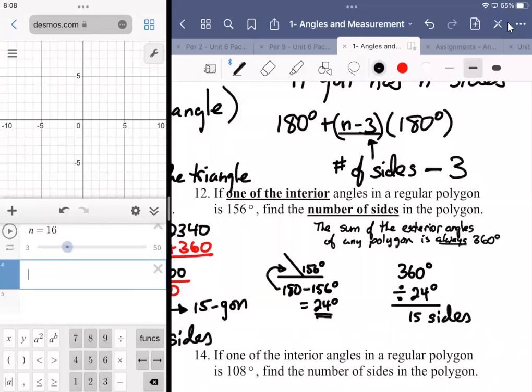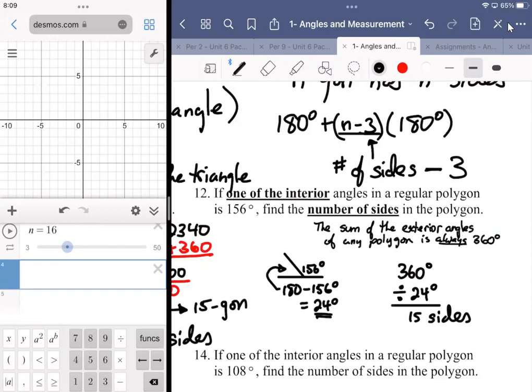But again, we want to be able to generalize this, right? So in Desmos, you can make a rule because you think about what you did and what you want to do. So you have the interior angle. What did we do? We took that number and subtracted it from 180. So if we call that interior angle whatever we want, we call it A for angle.